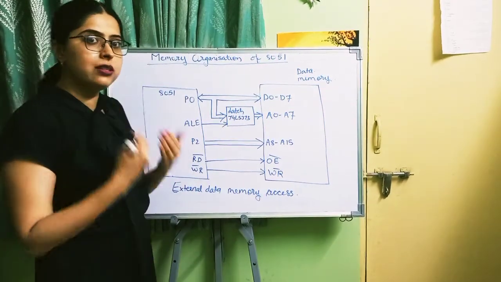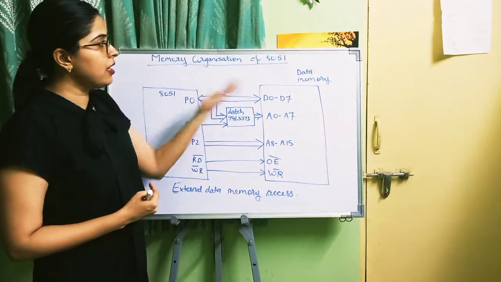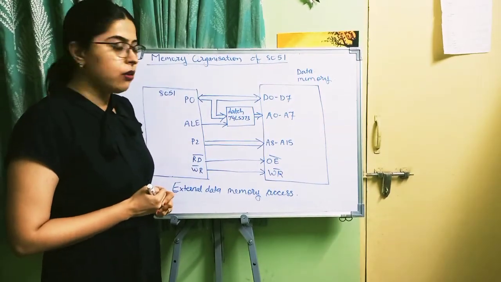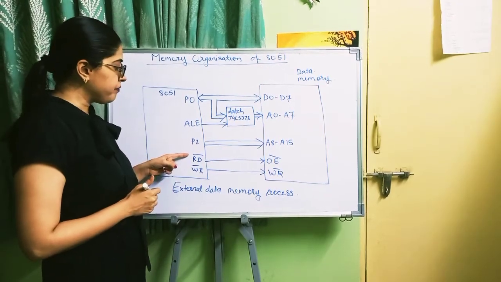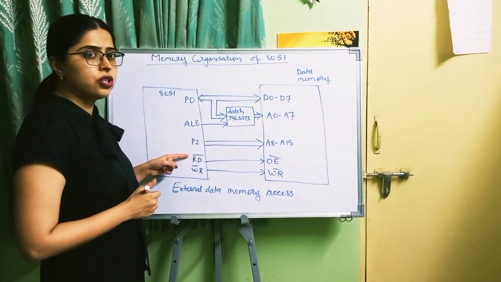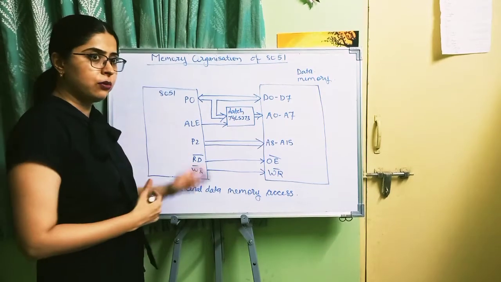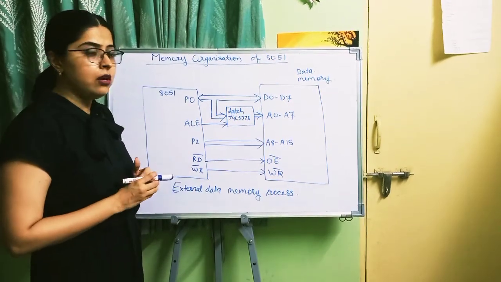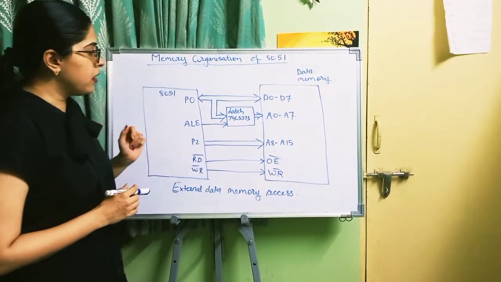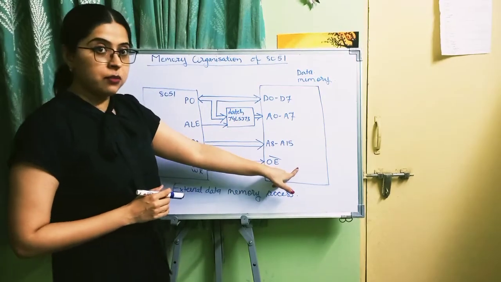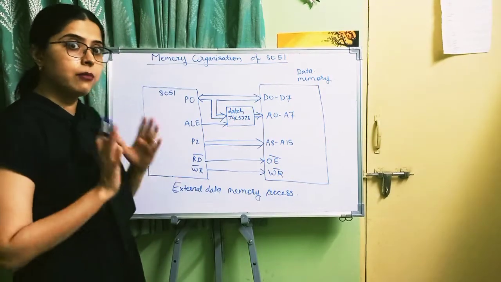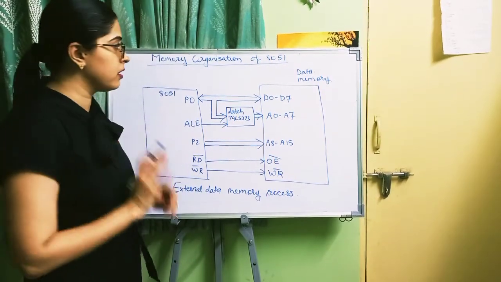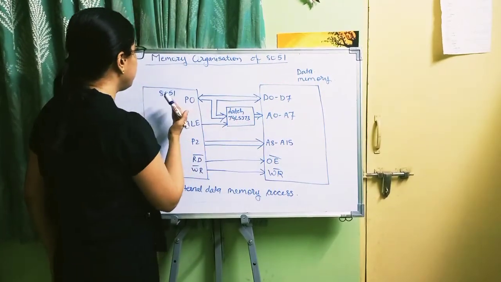These are the control signals for external data memory interfacing, and these are active low signals. When you give logic 0 to RD bar, as it is active low, the chip is enabled, and the contents of data memory can be read by the 8051 microcontroller.